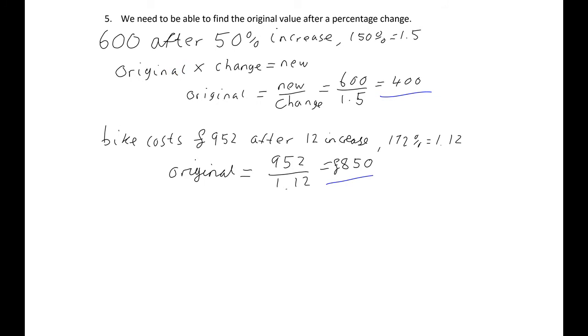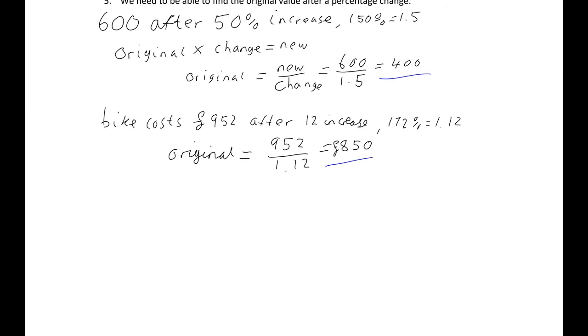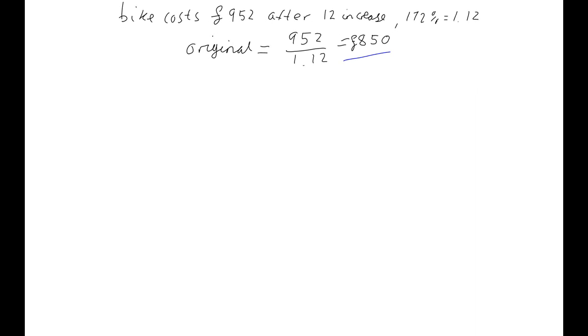So the final step is, if I have my new price and my original price, I want to find my change in price. So we're going to be using the change, rearranging that formula, equals the new price divided by the old price.